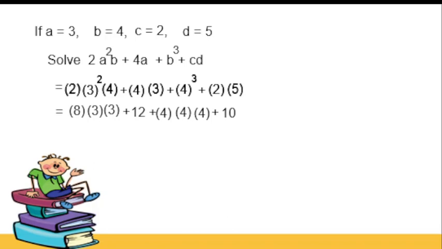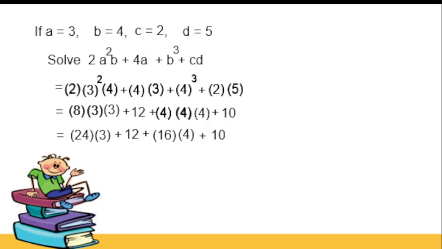And then you have multiply 8 times 3 is equals to 24 times 3 plus 12, plus the product of 4 times 4 is equals to 16 times 4 plus 10.